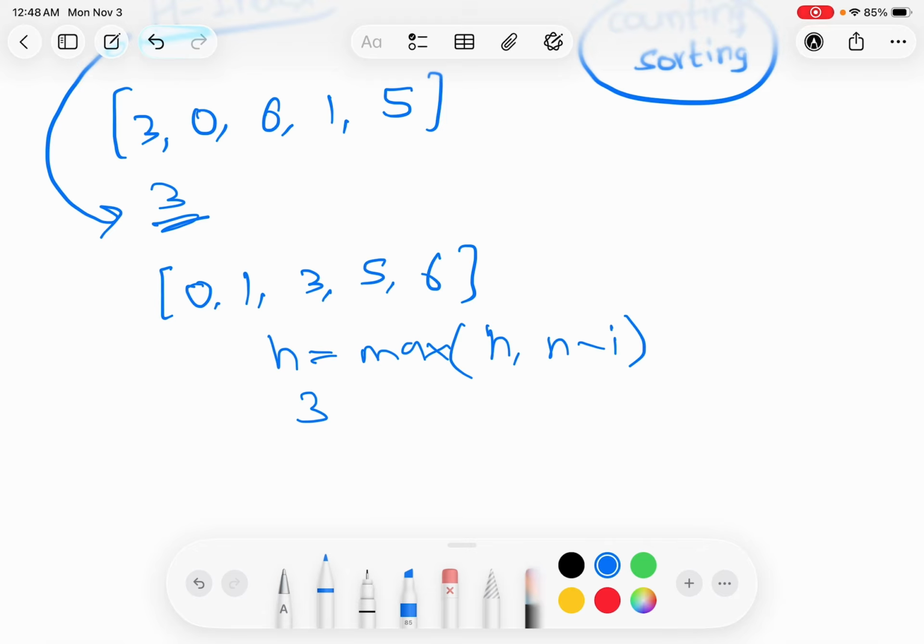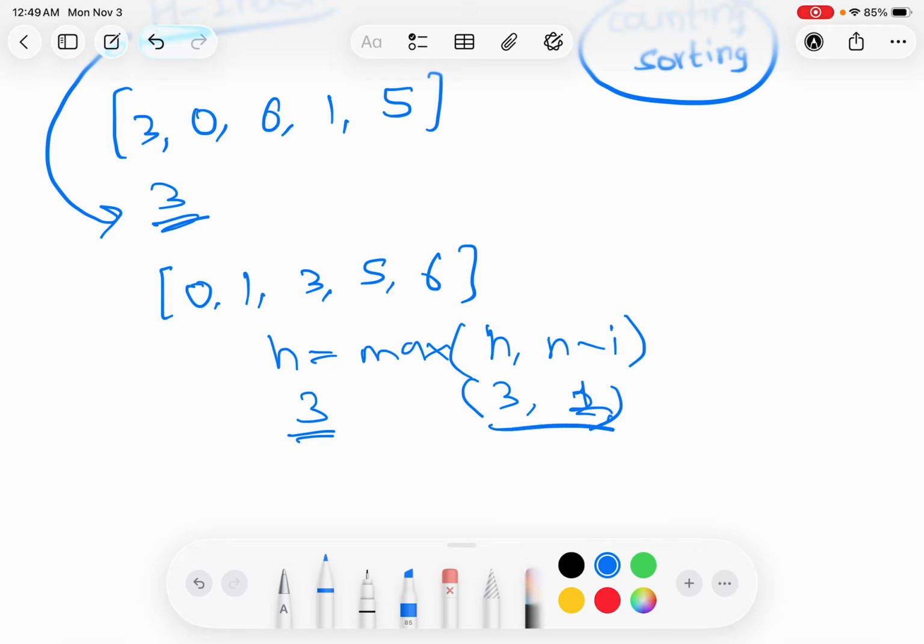So 2 and 3, we still get H as 3 as the maximum. Then go to 6: is 6 at least as big as n minus i, which is 5 minus 4, which is 1? Yes, of course it is. And again, if we take the maximum, we get 3.